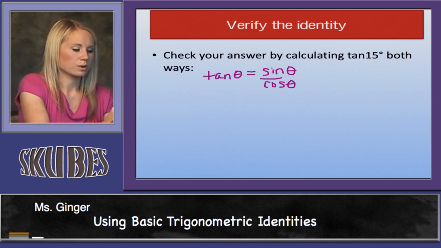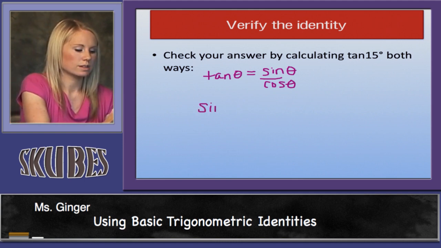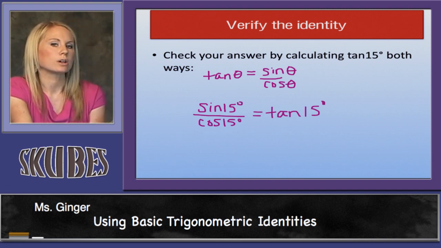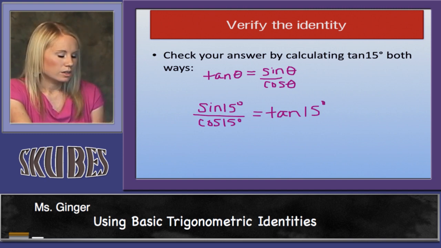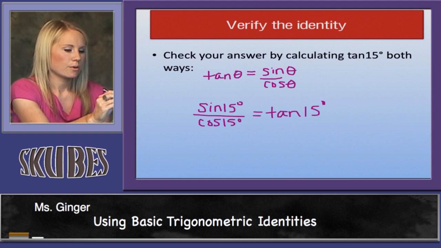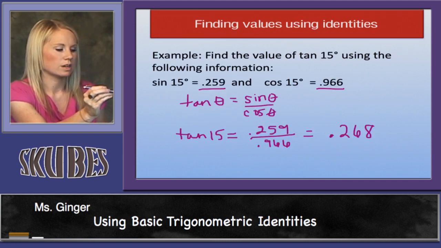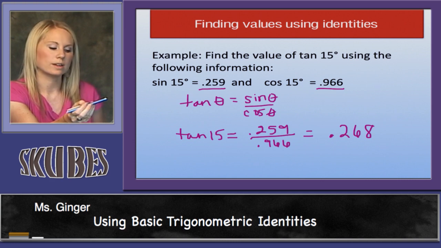So we're going to make sure that the sine of 15 divided by the cosine of 15 degrees is really equal to tan 15 degrees by typing these into our calculator. Remember the sine of 15 and the cosine of 15 were 0.259 divided by 0.966.